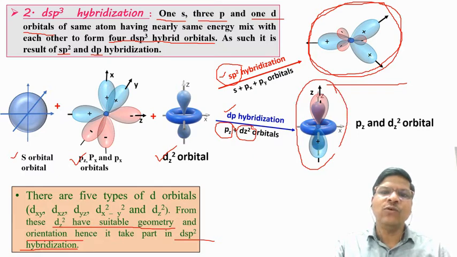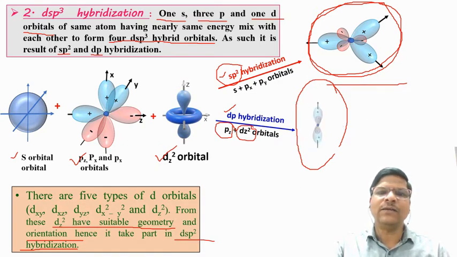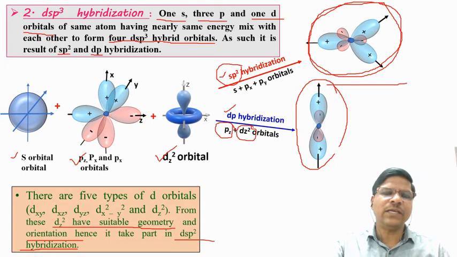Both orbitals are shown together and they undergo hybridization, and on hybridization we get formation of 2 dp hybrid atomic orbitals. This is one dp hybrid atomic orbital. This is another dp hybrid atomic orbital, and they are oriented along the z-axis, perpendicular to the trigonal plane of the sp2 hybrid atomic orbitals.